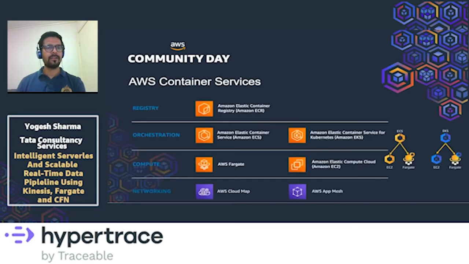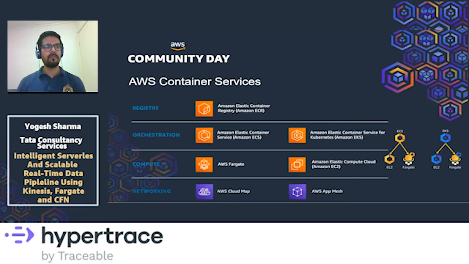There are four main categories where AWS Container Services provides services. The first one is the registry. We can think of it in the same terms as Docker Hub, where we store all the container images. Second is orchestration, where we can choose either Elastic Kubernetes Service or the Amazon-owned Elastic Container Service.